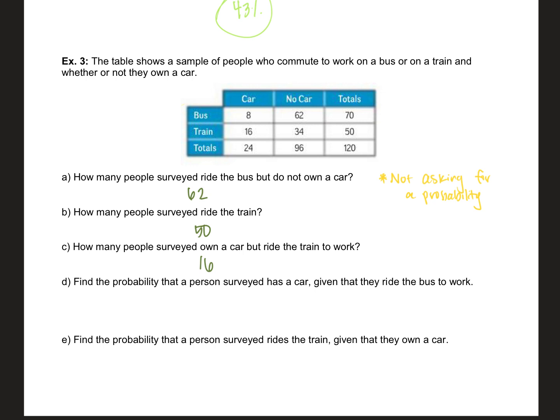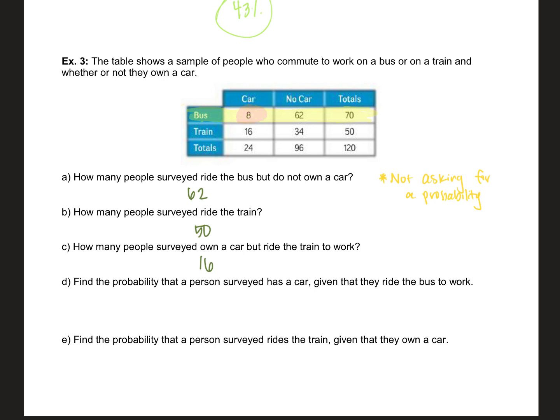D says to find the probability, so now we're back to a fraction, that a person surveyed has a car given that they ride the bus to work. So first, they're asking us to look at people who are riding the bus. So this row right here. Here's all the peeps that ride the bus. And specifically, they want us to focus in on the people that have a car.